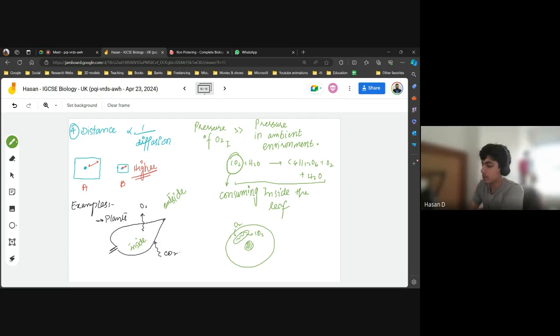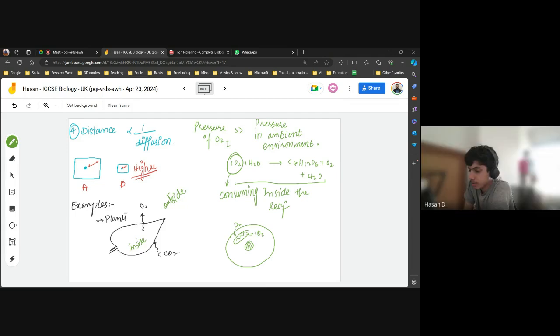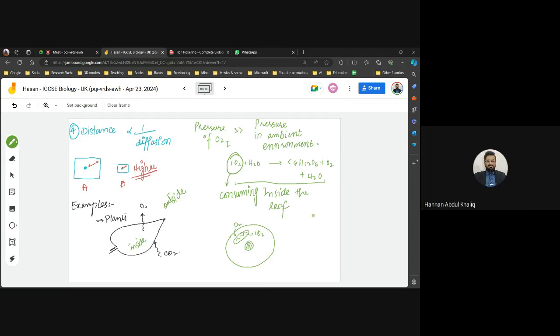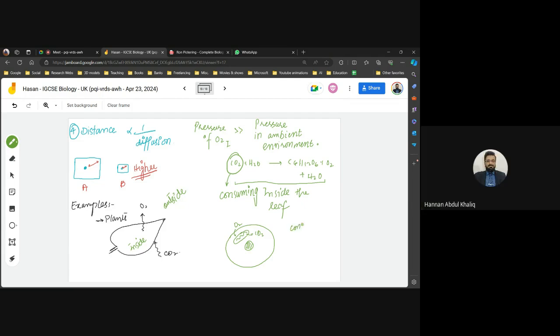Movement like inside, outside? So the carbon dioxide goes inside, right? And the oxygen goes outside the mitochondria? The mitochondria is consuming oxygen.